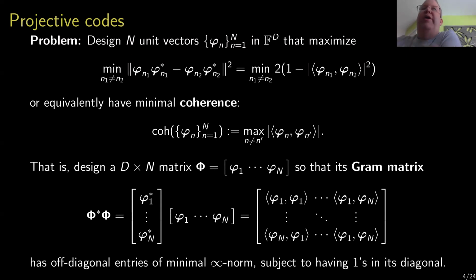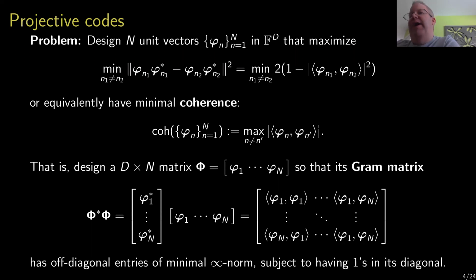So if you want to optimally pack n lines in F^d, in other words, arrange them so that the minimum distance between any pair of the projections onto those lines is as large as possible, then you are exactly trying to find a collection of unit norm vectors that have minimal coherence. In other words, the inner product of any two distinct vectors, taking the largest one of those in modulus, is as small as possible. That modulus is important. We're trying to minimize that particular quantity.